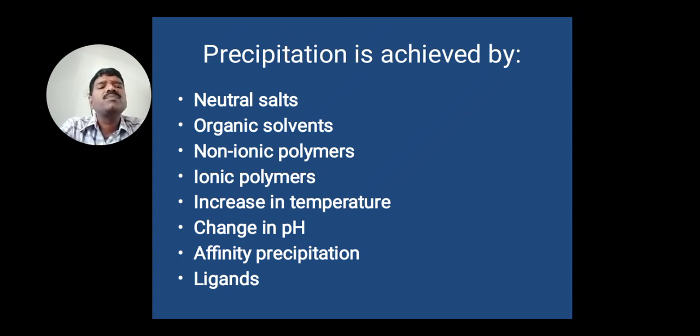Precipitation is achieved by using neutral salts, organic solvents, non-ionic polymers, ionic polymers, increase in temperature, change in pH, affinity precipitation, and by the use of ligands.